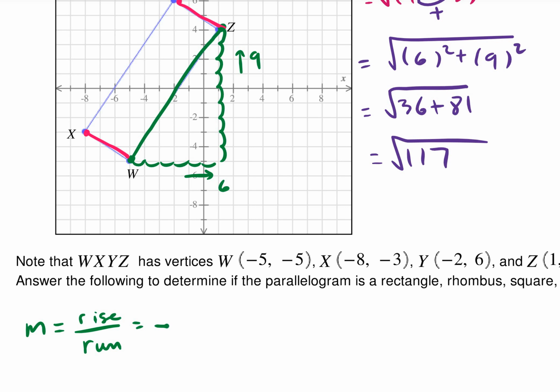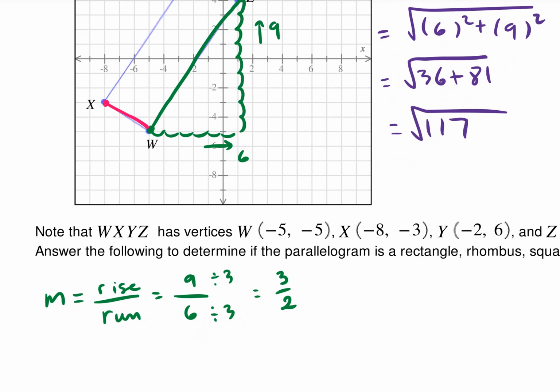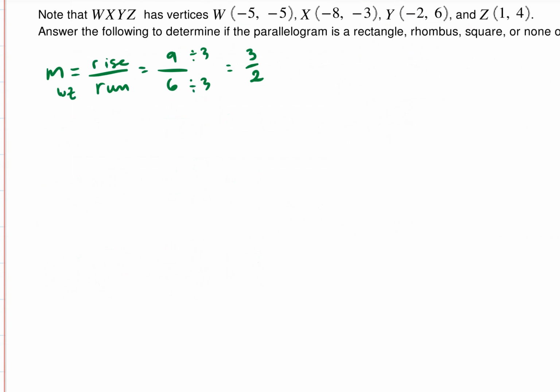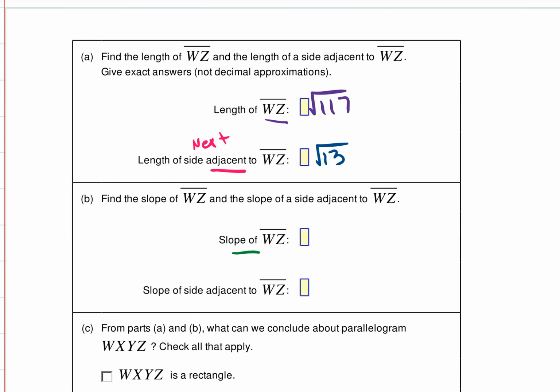So rise is 9 and run is 6. It's positive because you go to the right 6 and up 9. We can reduce this by 3, which gives us 3 over 2. The slope of WZ is 3 over 2.